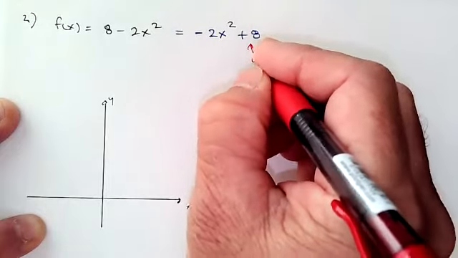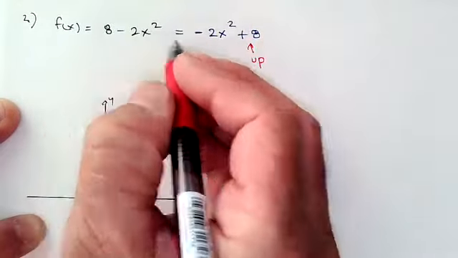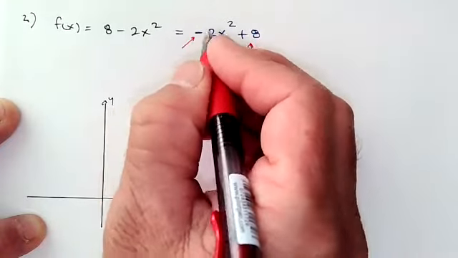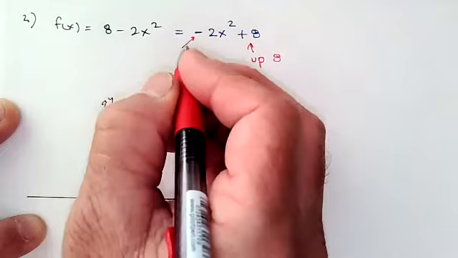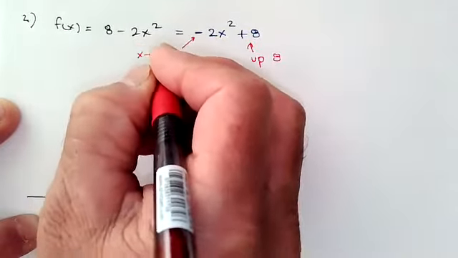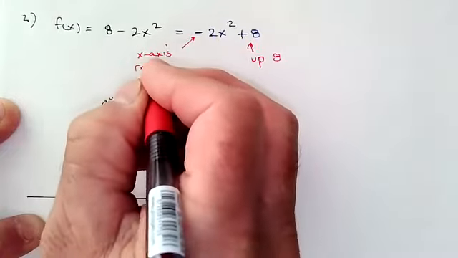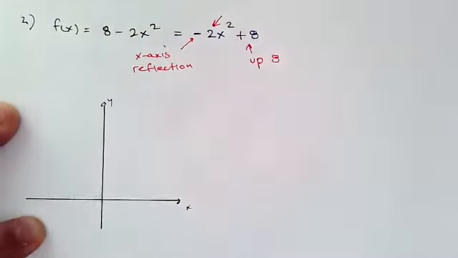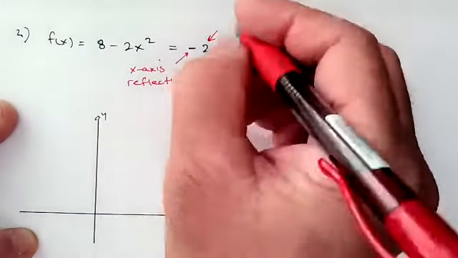So if I rewrote it like this, I can see that this is just the graph of y equals x squared moved up 8. The negative is outside the function. So remember, that's going to cause a reflection about the x-axis. And that too does cause, we saw that's a vertical stretch.